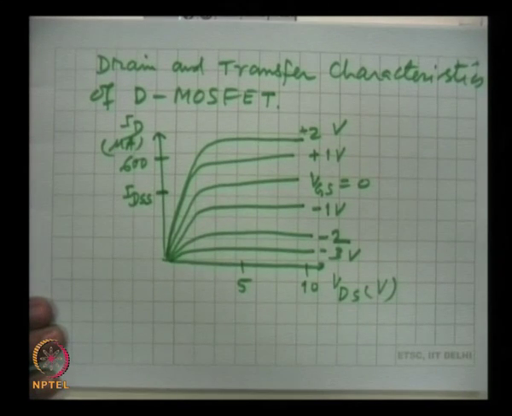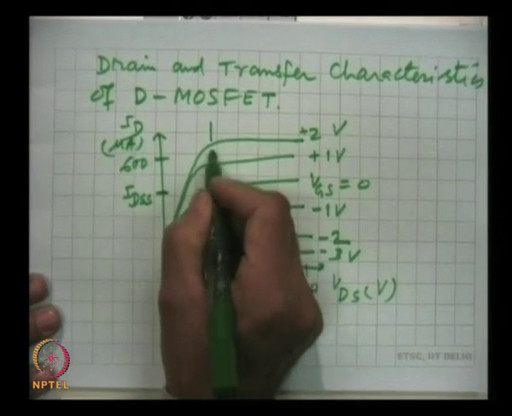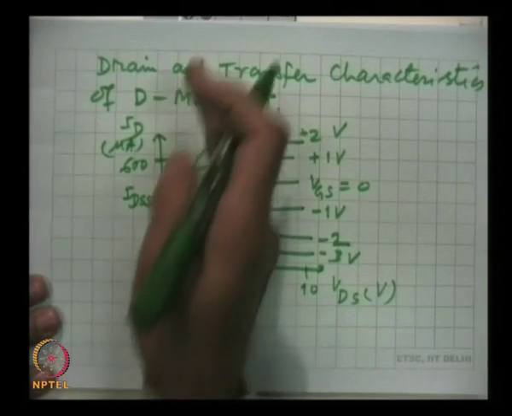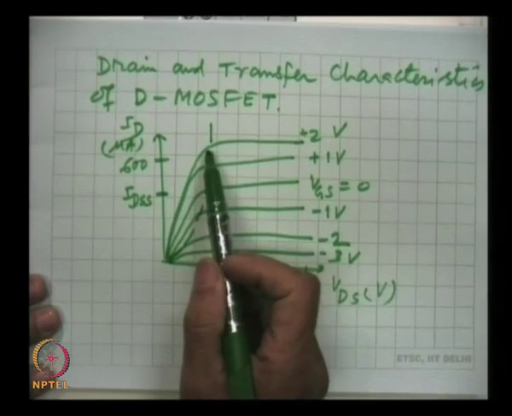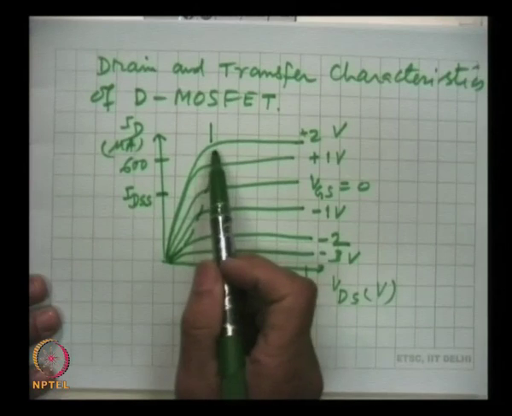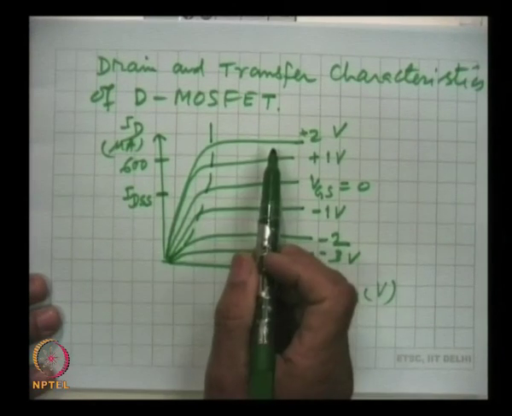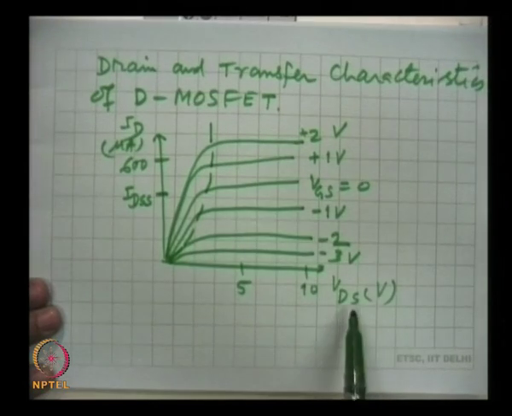Now, again the characteristics can be divided into 3 regions. This is the locus of the points from where a kind of pinch off occurs, and the drain current shows almost independence with the VDS.